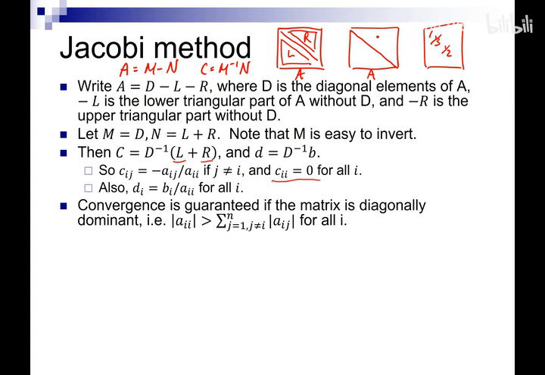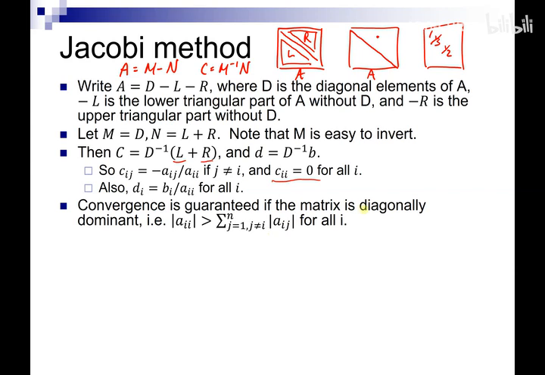Now, we have these conditions to guarantee convergence. It turns out that if, for each diagonal element Aii, Aii is larger than the sum of the absolute values of all the other non-diagonal elements, then we can guarantee the iterative process is going to converge.